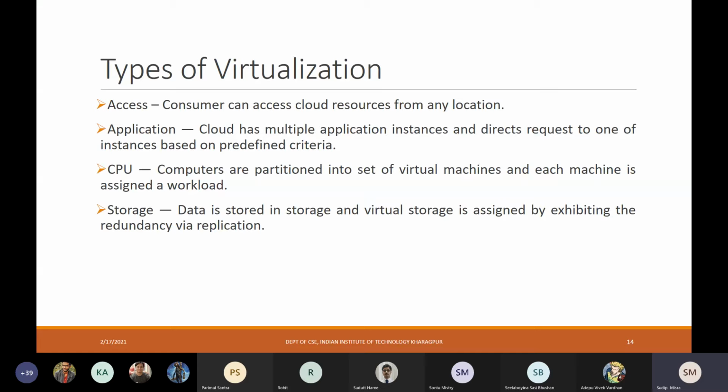Let us try to understand the different types of virtualization. I have written a few over here, but I will be able to tell you a little more about the other types. Before I go through them, if you have noticed carefully, almost all of us have used virtualization in some form, even before we got into cloud computing.